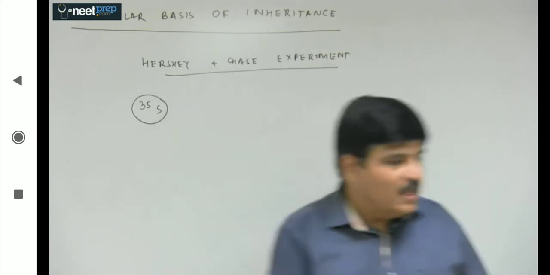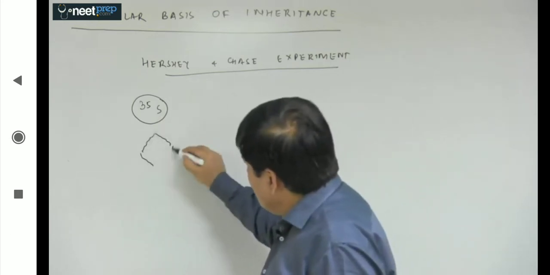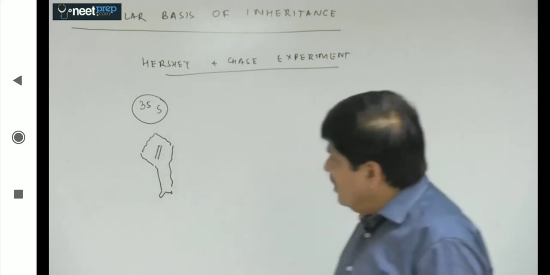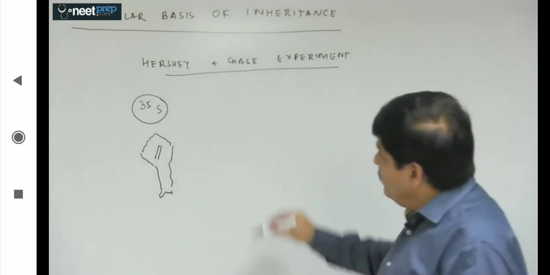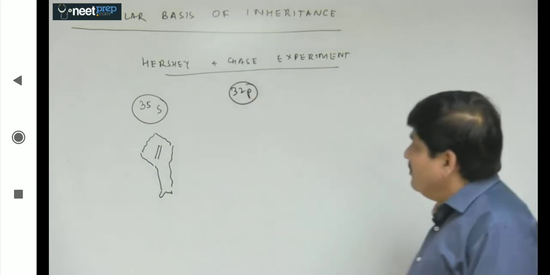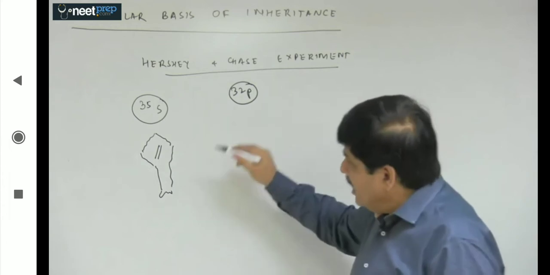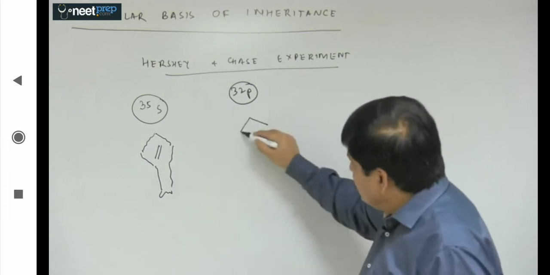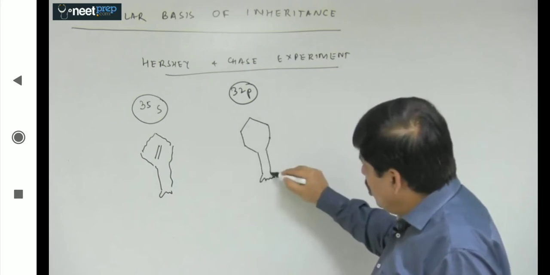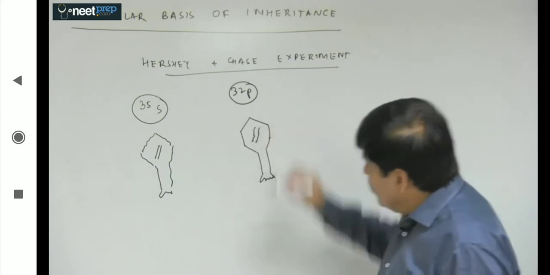So they were able to tag the protein part, but the DNA was not radioactively tagged. But if they use 32P, the radioactive isotope of phosphorus, we know that it will tag the nucleic acid and not the protein coat. So in this case, these phages have a normal, not radioactively tagged protein coat, but their DNA will be radioactively tagged.